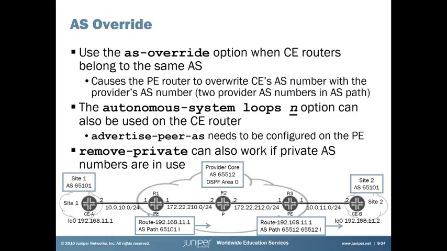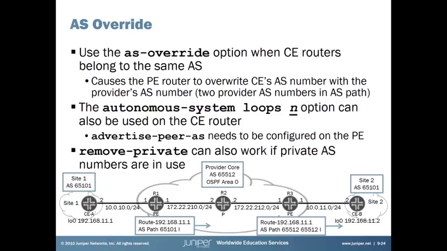To overcome the issue that the autonomous system of the CE is already in the path statement, you can use the AS override option. We will use that in our labs and actually see the effect of it. There's a couple of other ways of solving the problem.